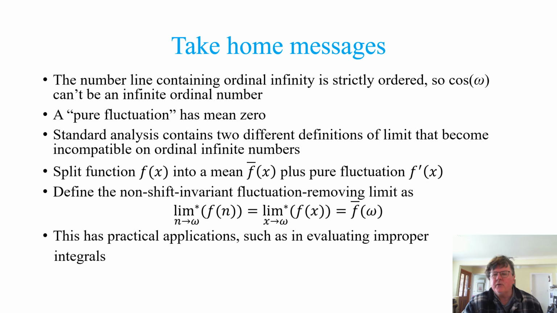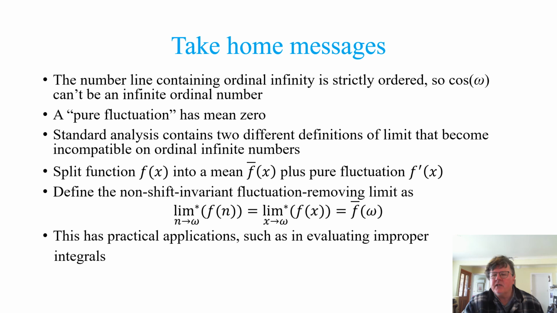A pure fluctuation has 0 average. Usually that would mean 0 mean. In the previous table, mean and median are the same, so it doesn't really matter.